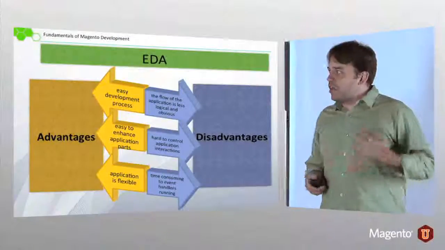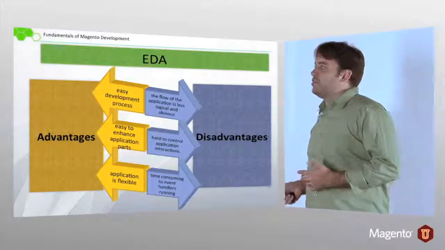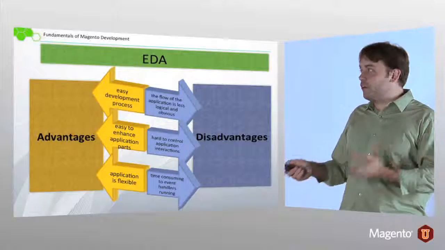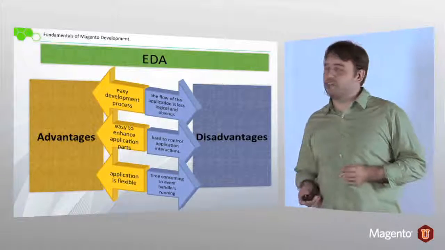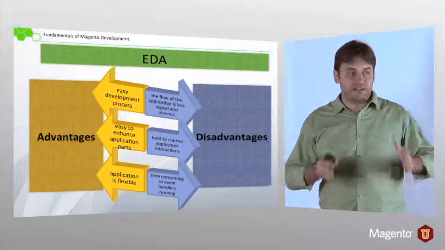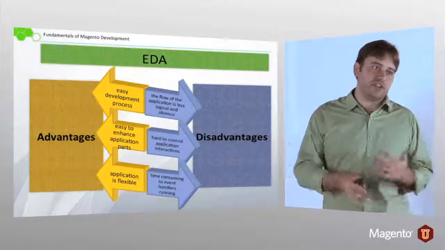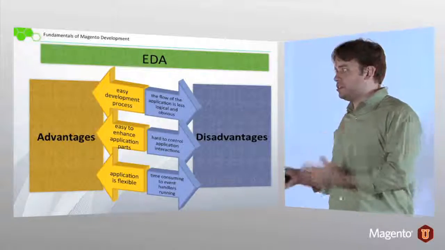It may not be immediately apparent from stepping through the code. So it's just another place that you have to debug. That's the big disadvantage. The other disadvantage, of course, is that having this system dispatching events and checking to see if there are any observers is just more processing load.